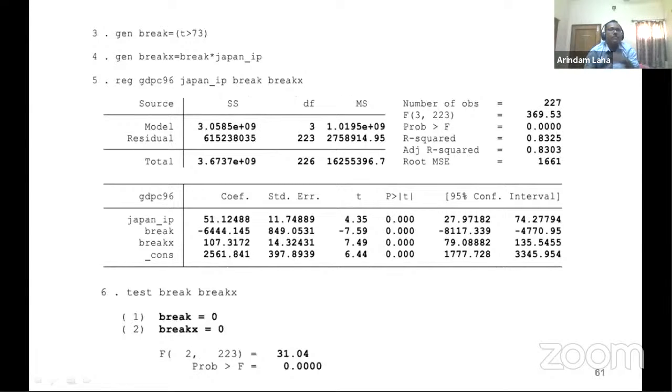You have to identify that 73 stands for 1973 quarter 1. That means the impact of the collapse of the Bretton Woods system. Is there any impact of the collapse of the Bretton Woods system on the relationship? Yes, there is. The F value is highly significant. In this way, you have to do a similar type of exercise. I have already given you this particular slide.